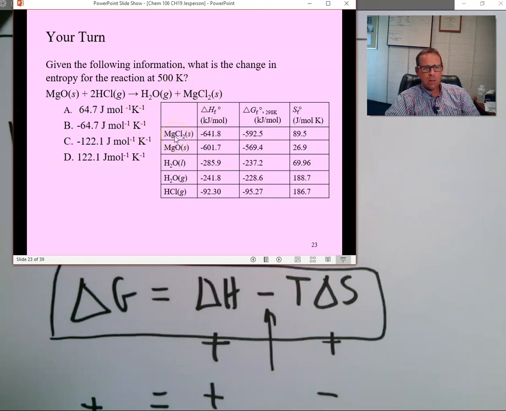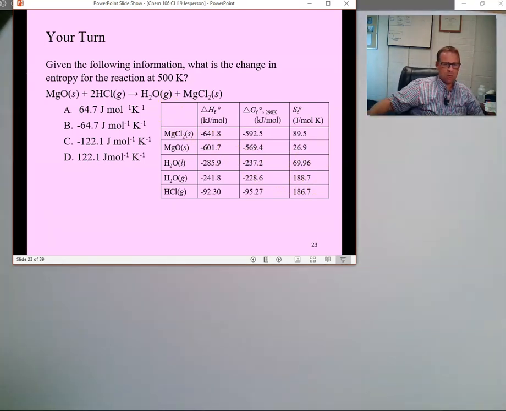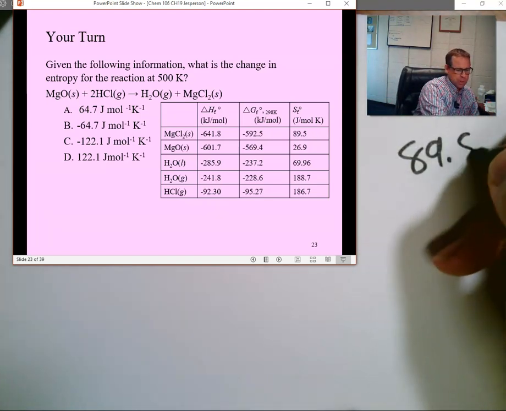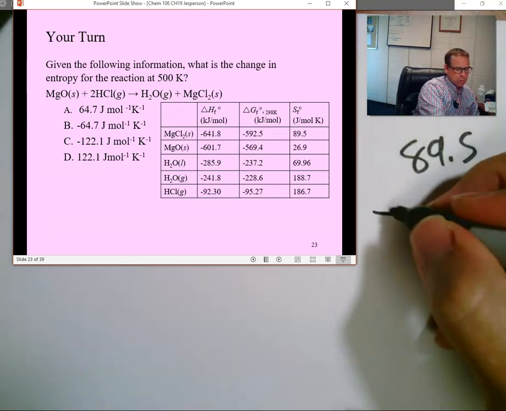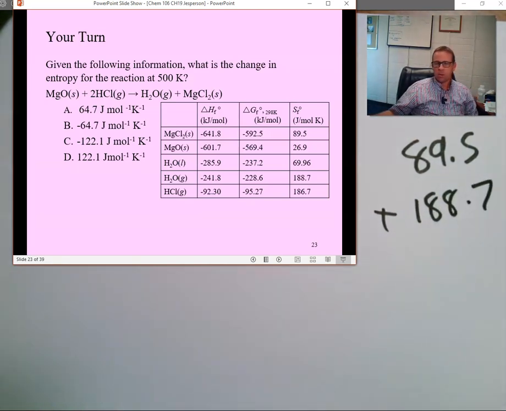Magnesium chloride, solid, its entropy contribution, 89.5, right? Plus the water, gaseous, 188.7. Why don't we write these down as we go? 89.5, 188.7. All right.